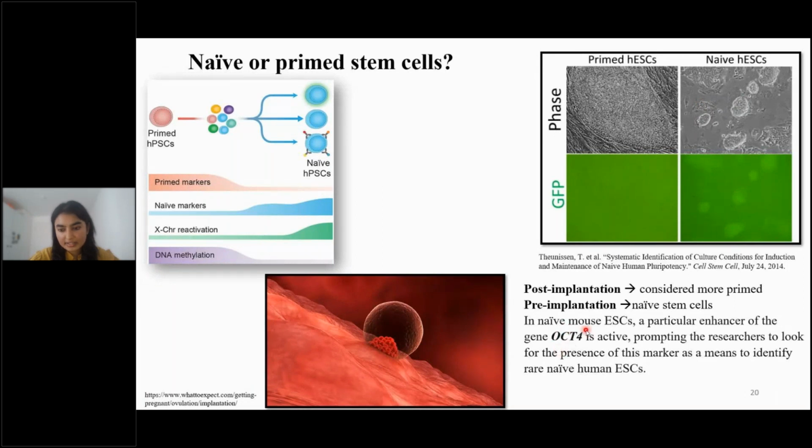In naive mouse ESCs, a particular enhancer of the gene OCT4 is active. So we can see that in naive cells, this OCT4 gene is activated. You can see the cells here, right? This prompted the researchers to look for the presence of this marker. So if the OCT4 gene is present, then the cells are naive cells and not primed cells. We can differentiate between these.